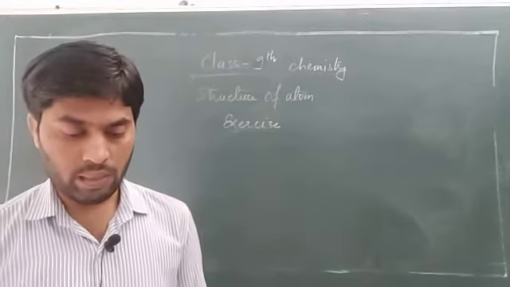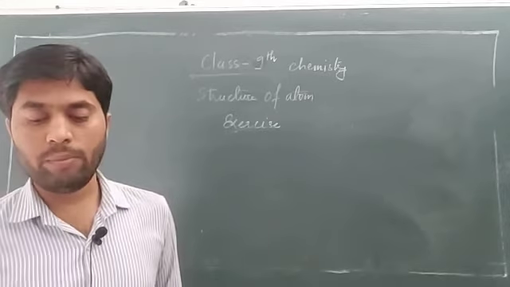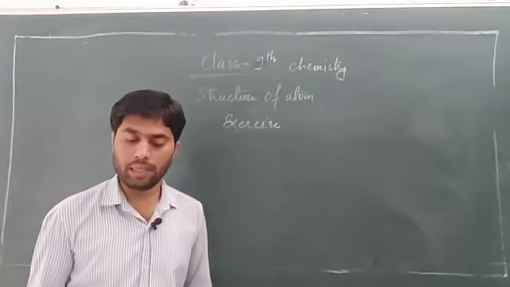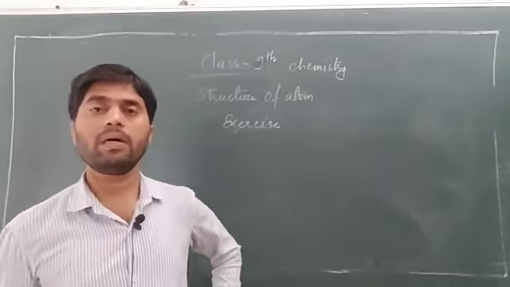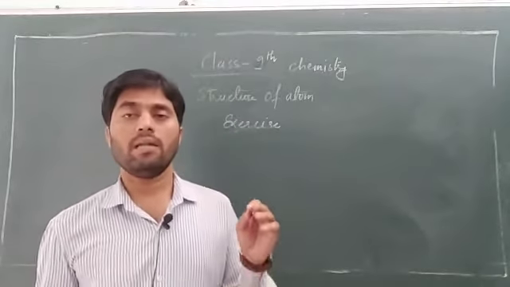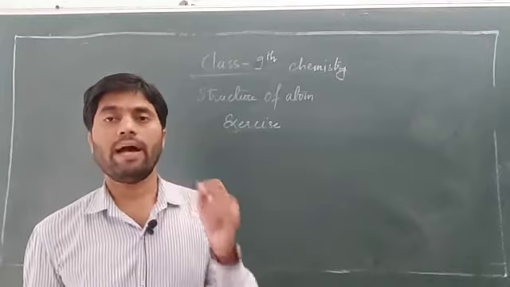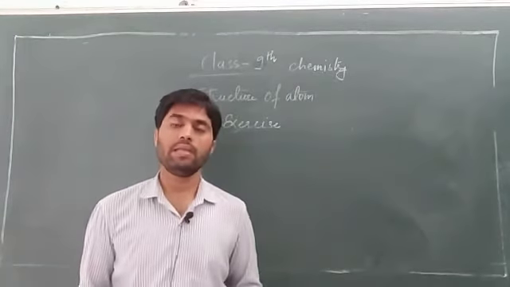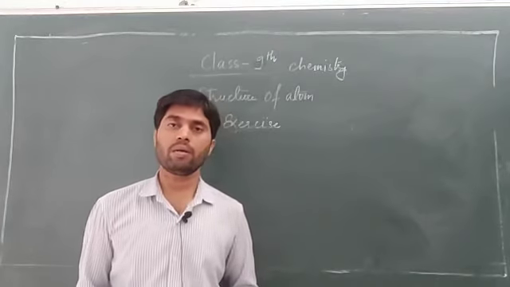Okay, students. Now after this: explain with examples atomic number, mass number, isotope and isobar. Give any 2 uses of isotopes. Now what is the atomic number? We can define the atomic number as the number of protons or electrons present in a neutral atom.